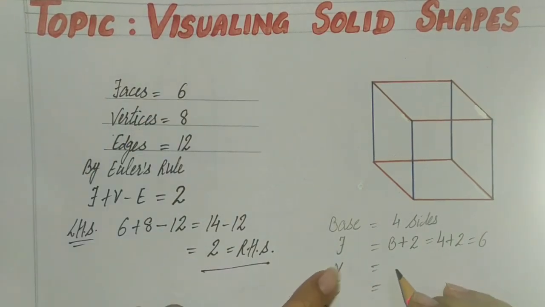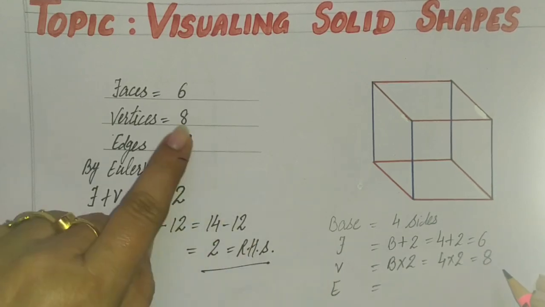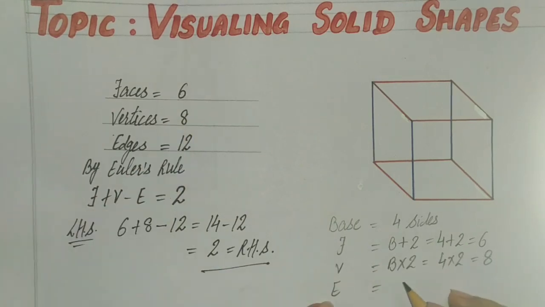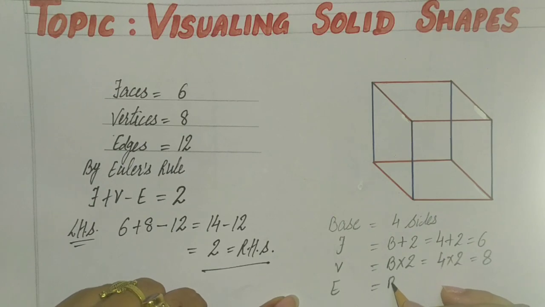To find out the number of vertices, just multiply the number of sides of the base by 2. That means 4 into 2 is equal to 8, equal to the vertices that we have written over here. Now to find the edges of any solid, you just multiply the number of sides of the base by 3.